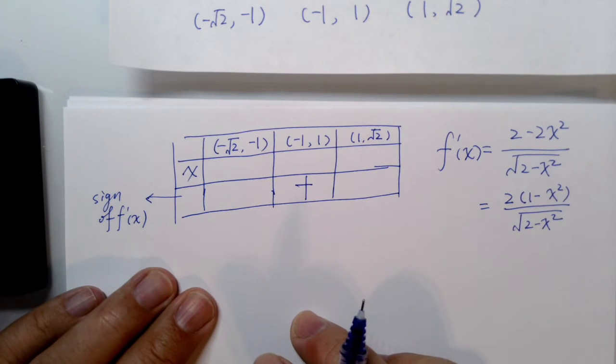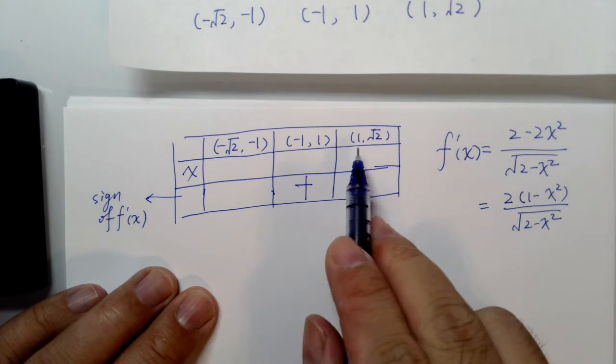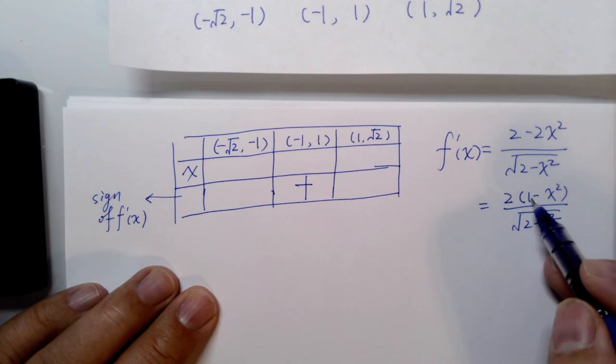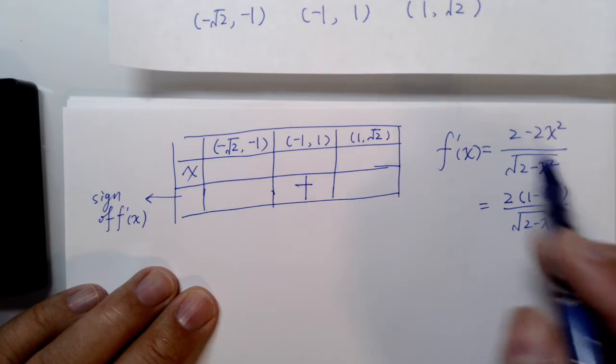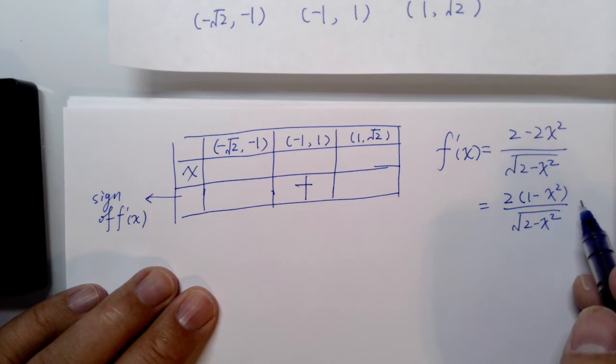Meanwhile, if you take a number that is either greater than 1 or less than -1, then 1 minus x squared from any of these intervals is going to give you a number that is less than 0.